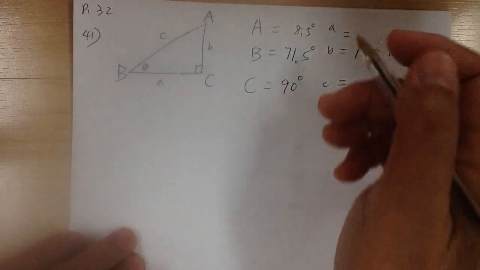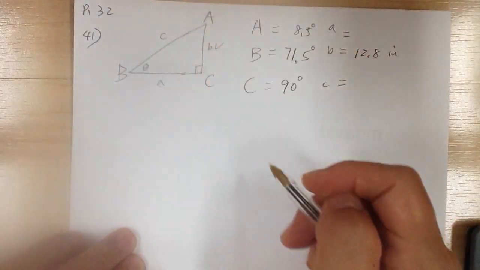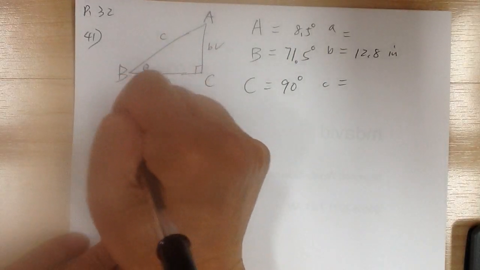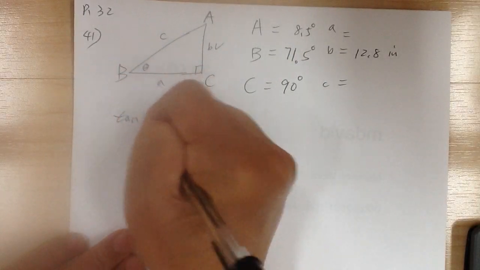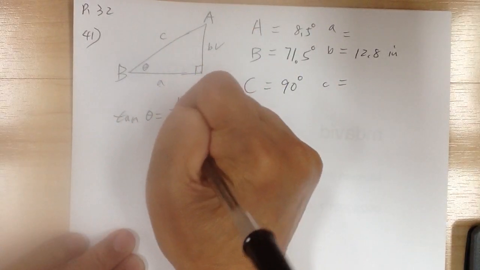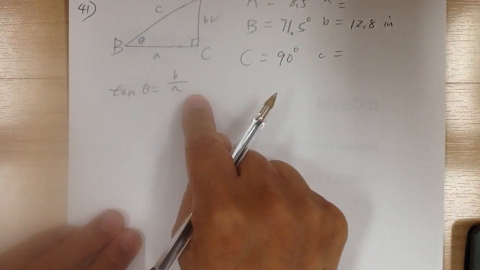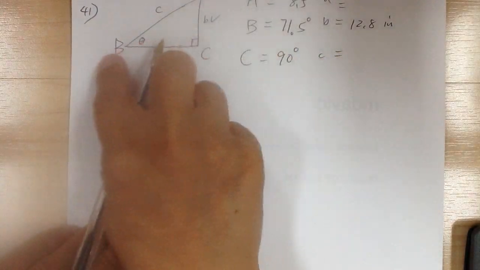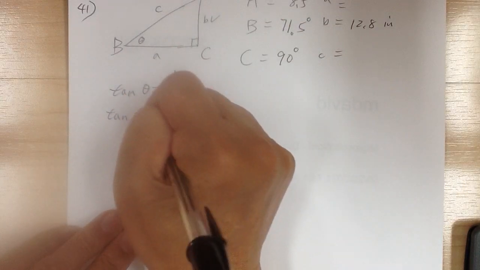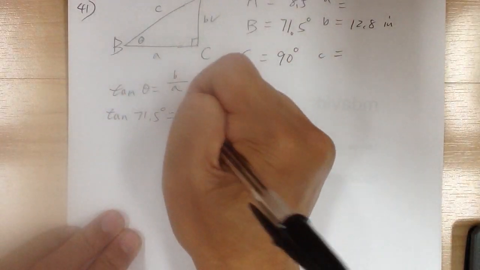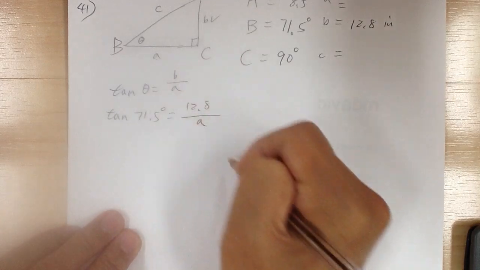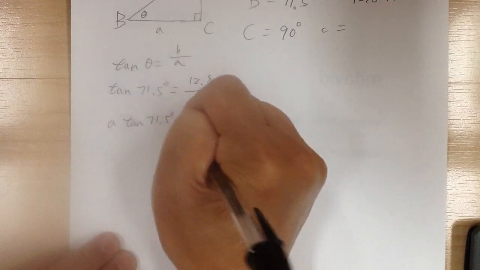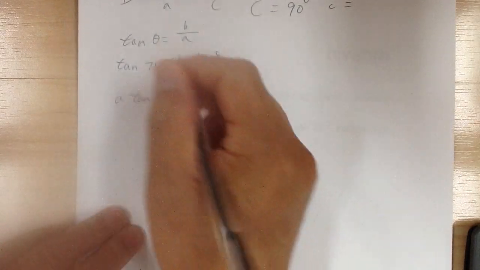Now let's use what we know. If we're looking for A, the relation between them is tangent. Just like last time, tangent theta equals opposite over adjacent. You can always write down your formula and then substitute. Tangent of 71.5 degrees equals 12.8 over A. Cross multiply, then divide to get rid of the tangent.